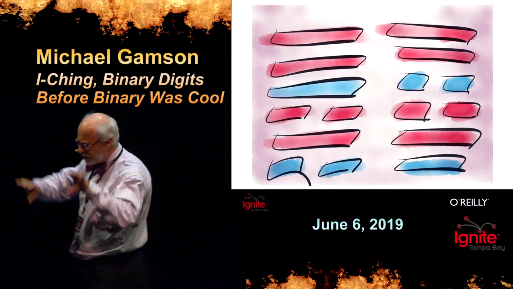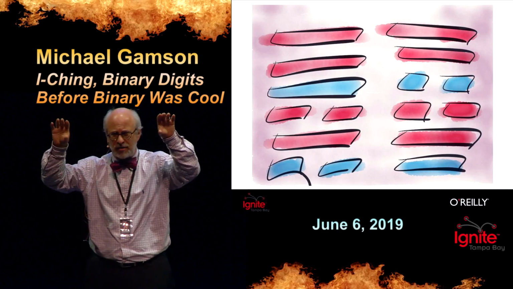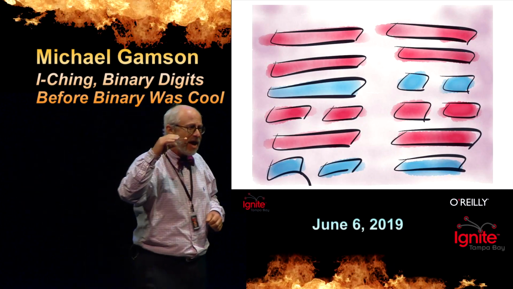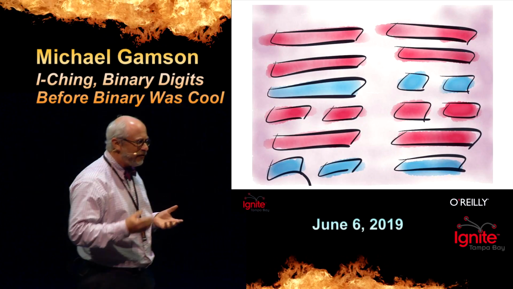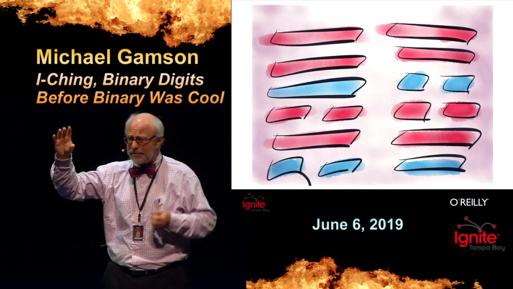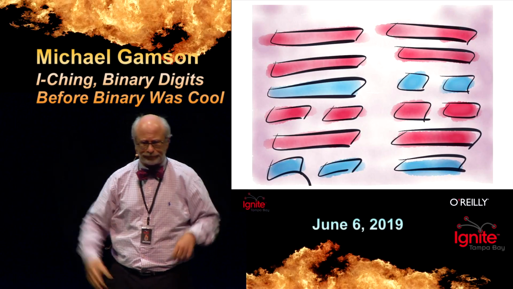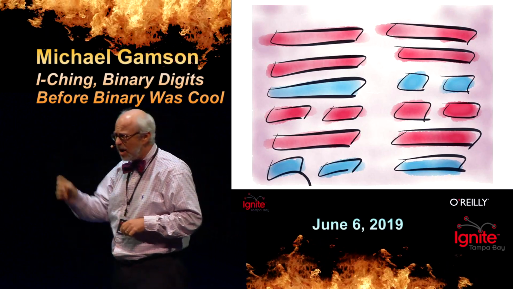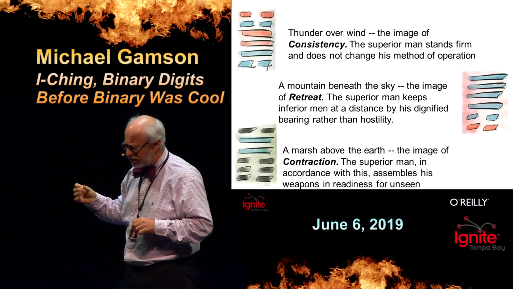But the story really starts to get told when we stack the trigrams on top of each other. We end up with hexagrams. And there's 64 different hexagrams, and each one corresponds to a chapter in the I-Ching. And these chapters in the I-Ching are written as short poetic verses.